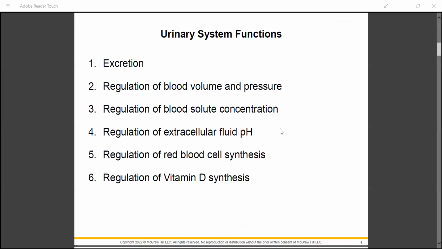Regulation of extracellular fluid pH, so the fluid that lies outside of our body cells. Regulation of red blood cell synthesis, so our kidneys help us to control when we need to make more red blood cells. And it also has a role in the regulation of vitamin D synthesis, so a very important vitamin in the body.